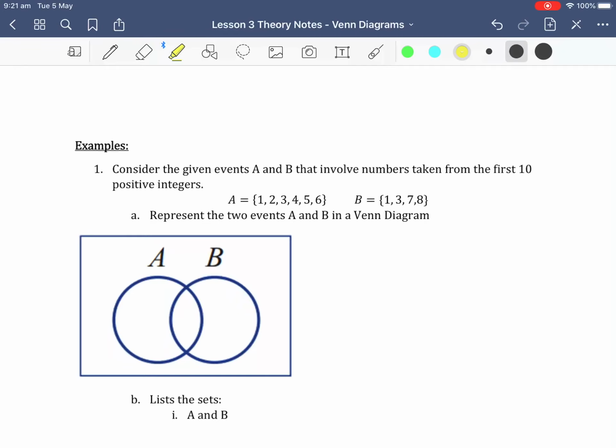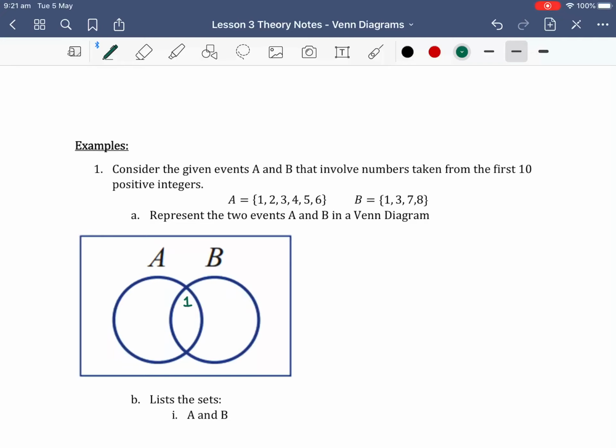Set A is the elements 1, 2, 3, 4, 5, 6, and set B is 1, 3, 7, 8. So 1 occurs in both of the sets, so we're going to write 1 where A and B overlap, because it occurs in both A and B.